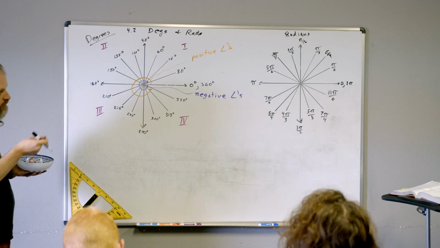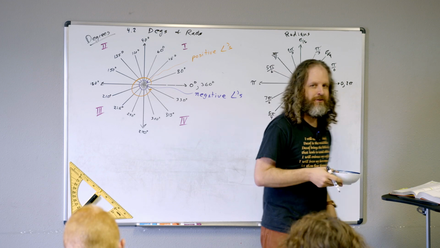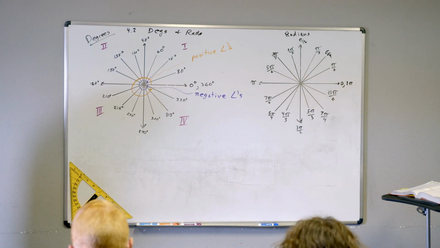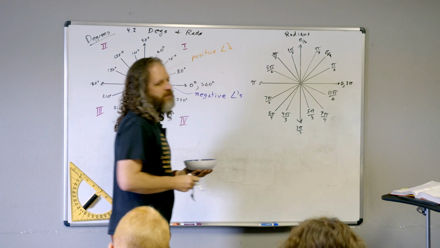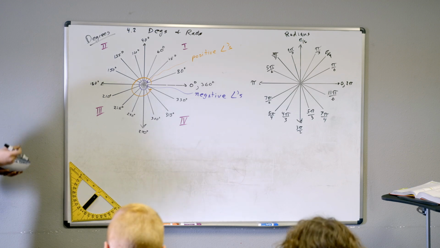One half. Push sine of 11 pi over 6. Negative 1/2. Push sine of 7 pi over 6. Negative 1/2. What do you notice?